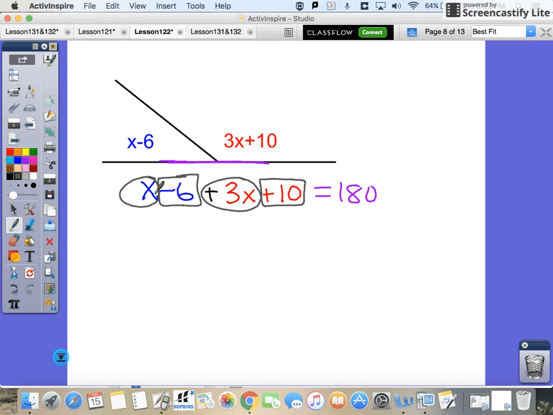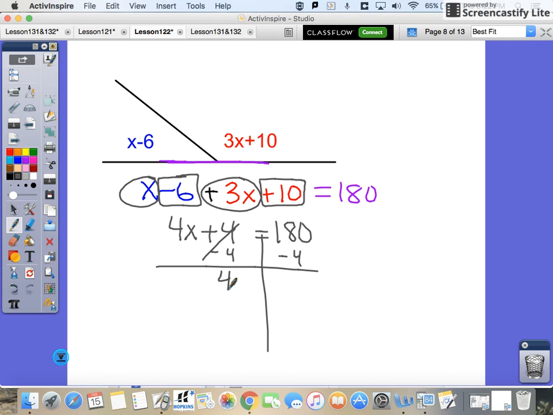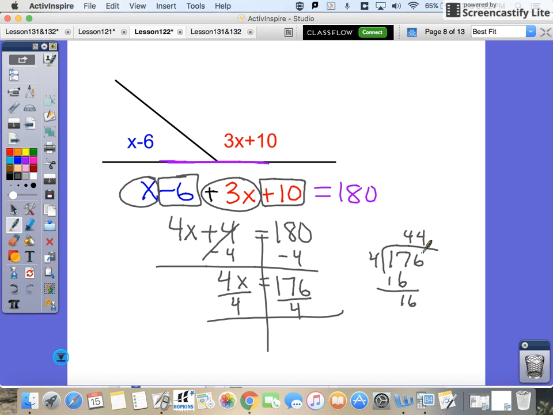So if we've got an x here and 3x there, we've got 4 x's. Negative 6 plus 10 is 4, still equals 180. We're going to drop a line, subtract 4, 4x equals 176. Divide by 4, divide by 4. 44.